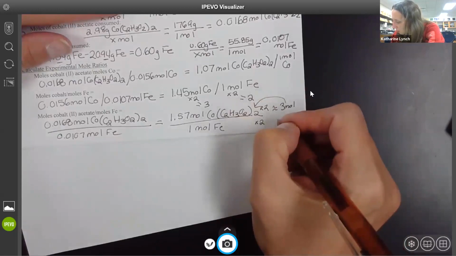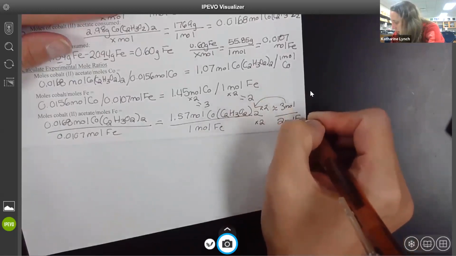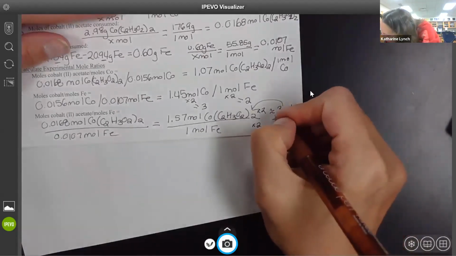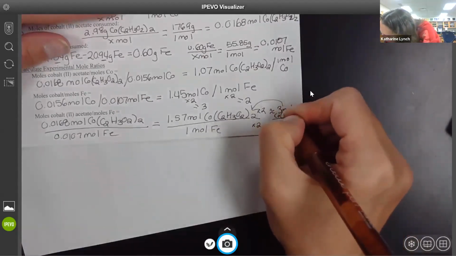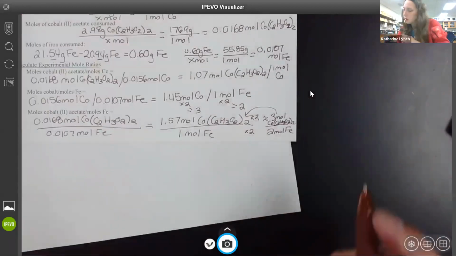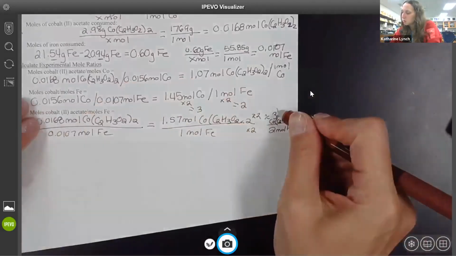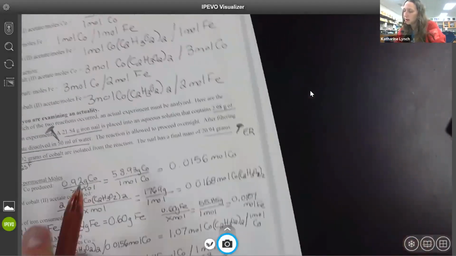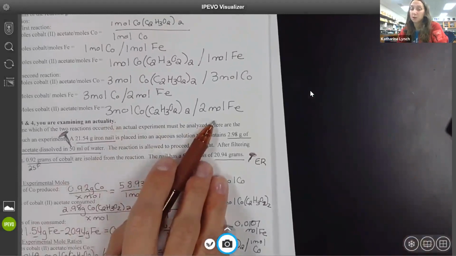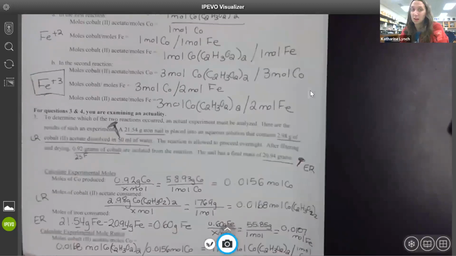And I end up with, oh, this one will be perfect, 2 moles of iron. So yes, indeed, 3 moles of cobalt-2 acetate to 2 moles of iron, experimental compared to actual. This is going to be Fe plus 3.